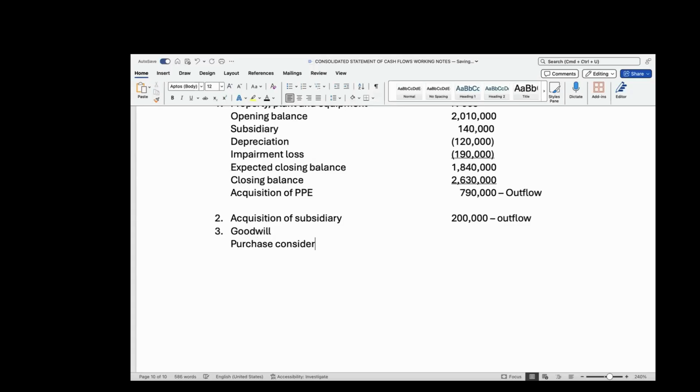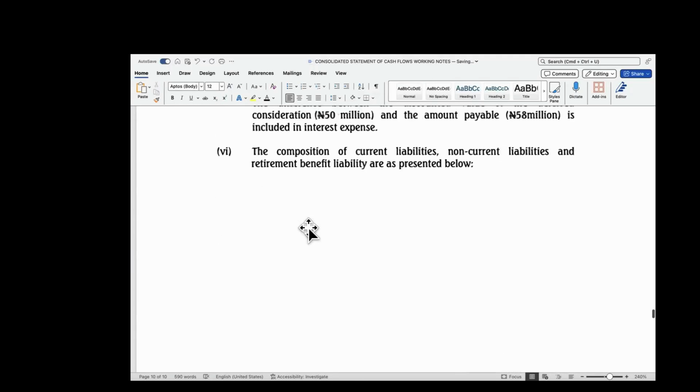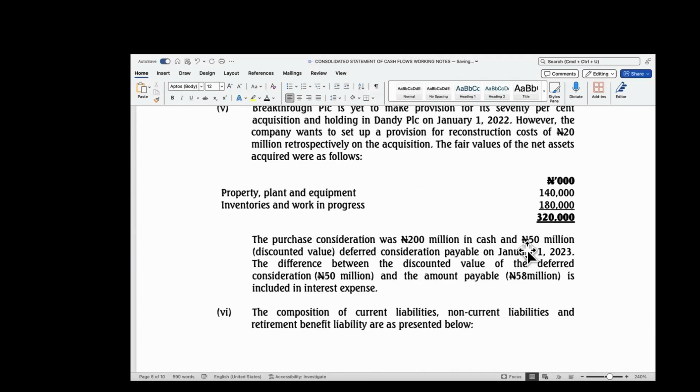So what's the purchase consideration? I paid 200 million, right? Cash. And there was a deferred consideration. How much was the deferred consideration? 50 million. You see, what I need for deferred consideration is the present value of it.